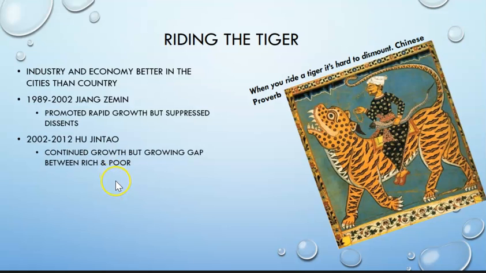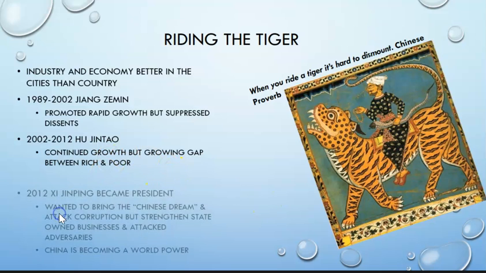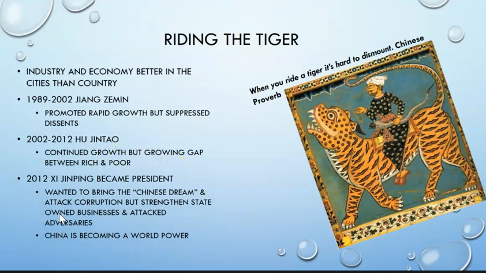Continued growth, but what has happened in China is a growing distinction between rich and poor, between urban and rural. And the most recent president, Xi Jinping, he became president in 2012. He said he wanted to bring the Chinese dream and attack corruption.